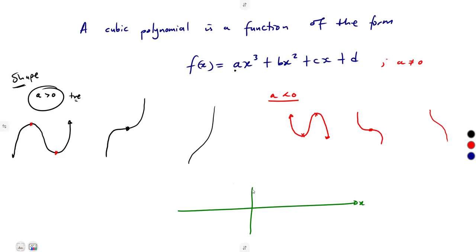It is supposed to be having this shape or this shape. With the two turning points, let us say we've got something like this. There's a turning point there, then another turning point like this. This is our cubic function.